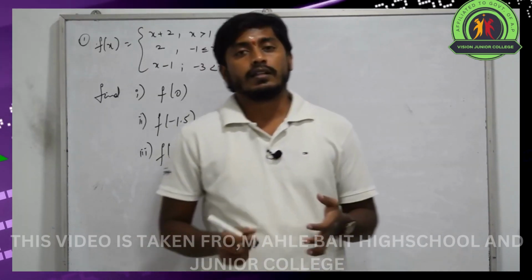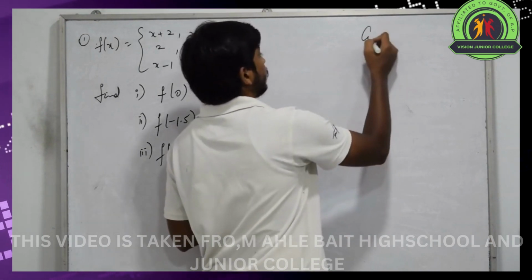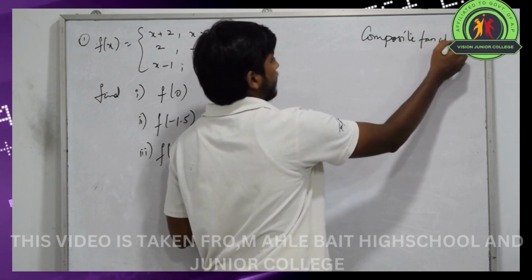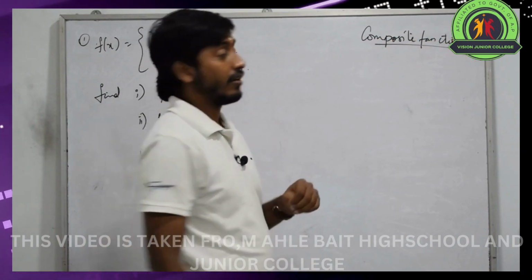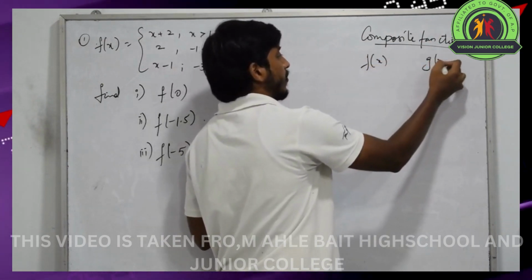Let's do. The next type of function we are going to learn is composite. What is this composite function? We can tell that it is a kind of mixture. That is, if f of x is a function, g of x is a function.